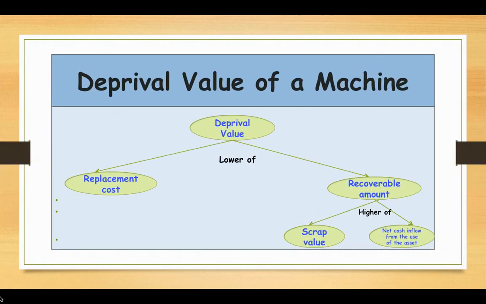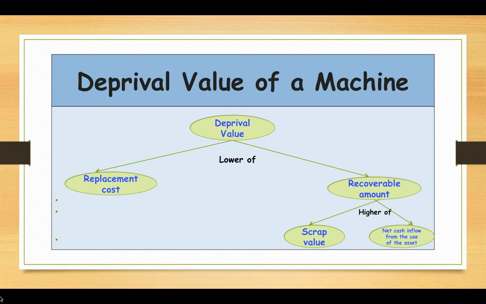We'll see how to calculate the deprival value of a machine. Deprival value is actually the relevant cost of machine. Now, in order to calculate the deprival value, we should know the recoverable amount. Recoverable amount is the highest value out of scrap value and the net cash inflow from the use of the asset.